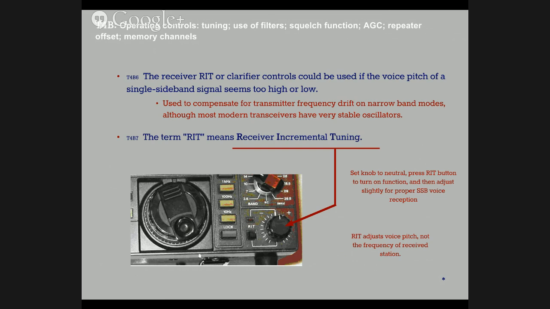And it basically allows you to compensate for voice pitch, which would normally be determined by the received frequency. So if a certain station is slightly off frequency, you can adjust the RIT to compensate.